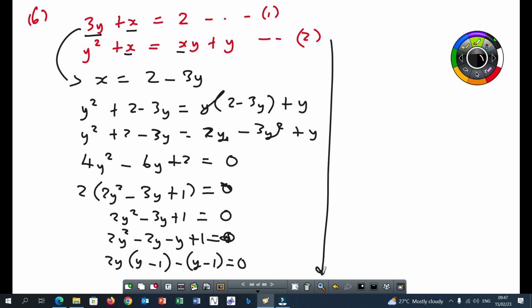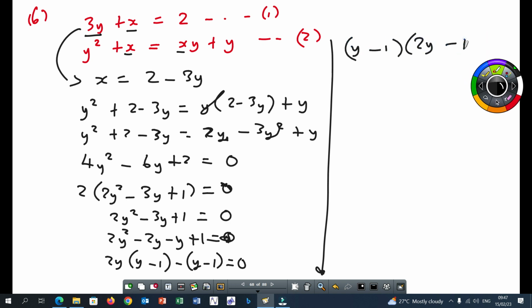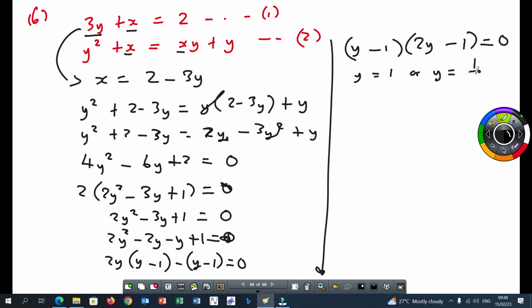So I'll get y minus 1 times 2y minus 1. Did you get that? Then you get y equal to 1 or y equal to positive a half.